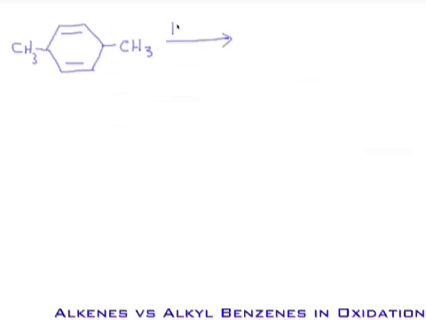Hot KMnO4, H plus and acid. Heat. You split the double bond. Where there was a double bond, you put double bond O's.